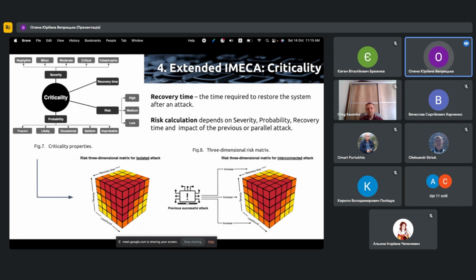And as mentioned before, we need to take into account previous or parallel attacks. As a result, the two-dimensional risk matrix of the original IMECA analysis becomes three-dimensional and is determined for both types of attacks, isolated and interconnected.